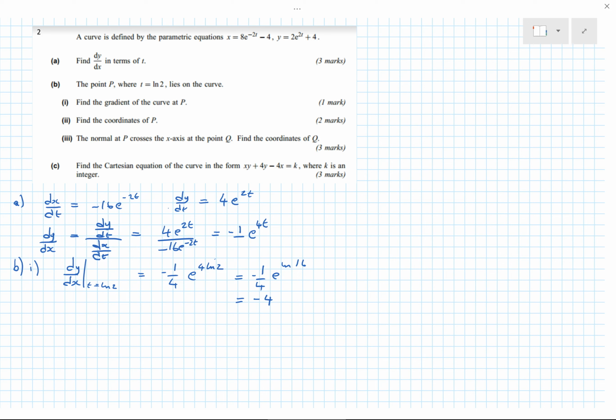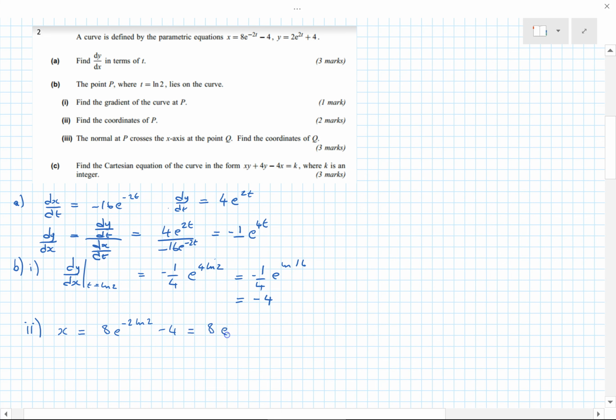Right, then the second part, the coordinates of P, well, that's just a case of subbing it back into there. So the x coordinate is equal to 8 e to the minus 2 ln 2 minus 4. I'm doubly not going to use a calculator still.